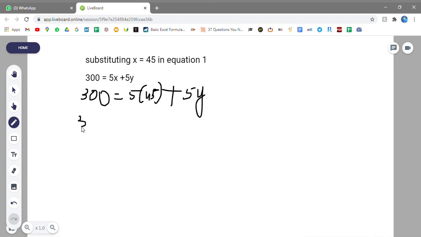So 300 is equal to 5 into 45, which becomes 225, plus 5y.